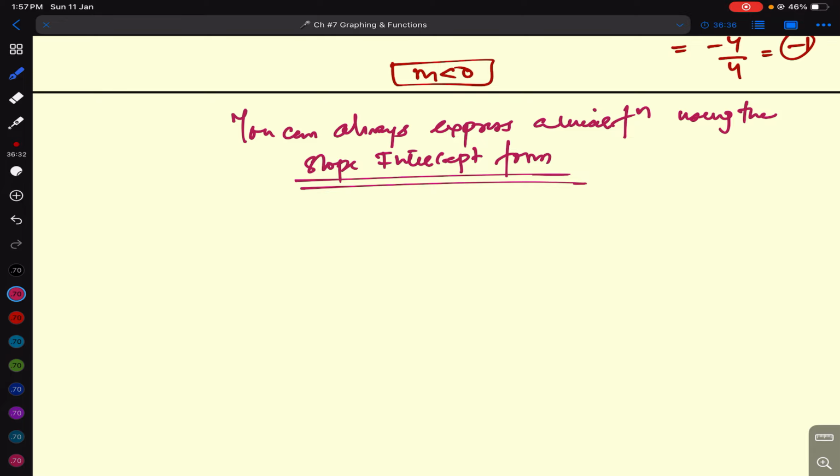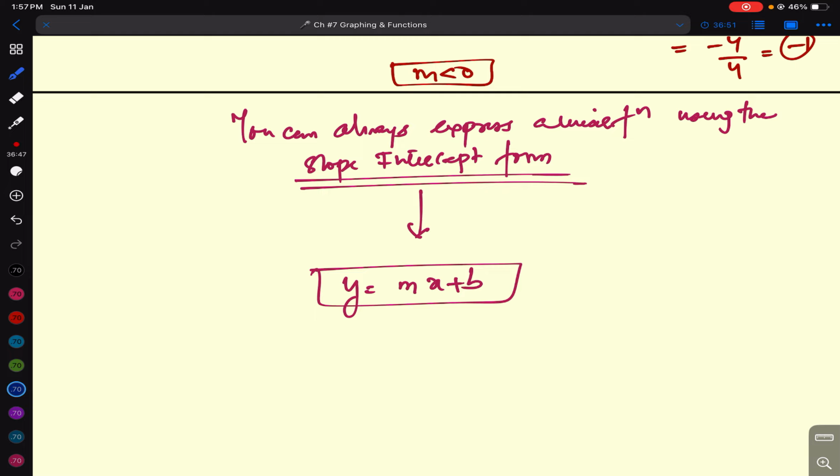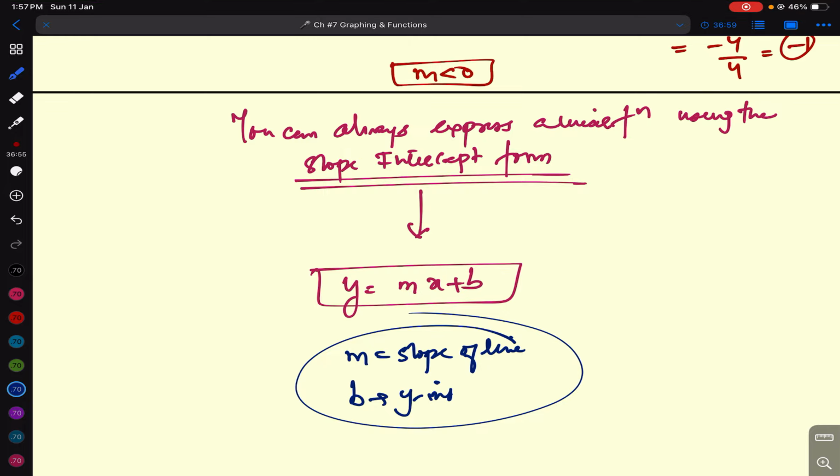So we can always represent a linear function, or you can say a linear equation, in the form of slope intercept form. What is that form? It is written as y is equal to mx plus b. Let me write what is m here. m is your slope of the line, b is your y-intercept. We have already studied the x and the y-intercept, so here b directly indicates your y-intercept.